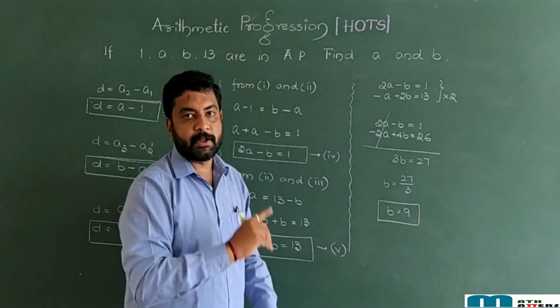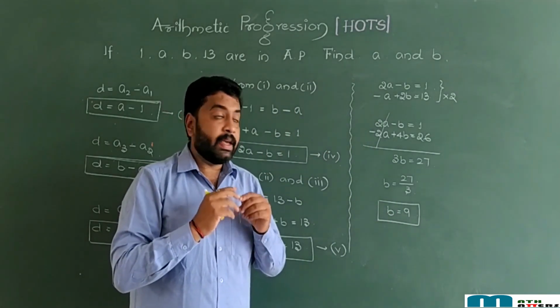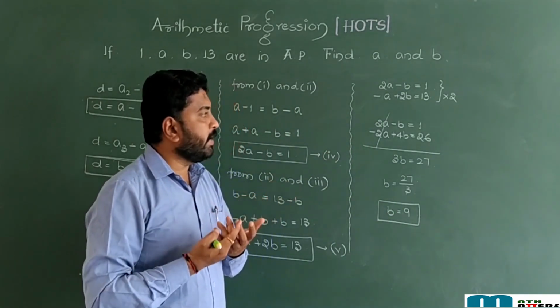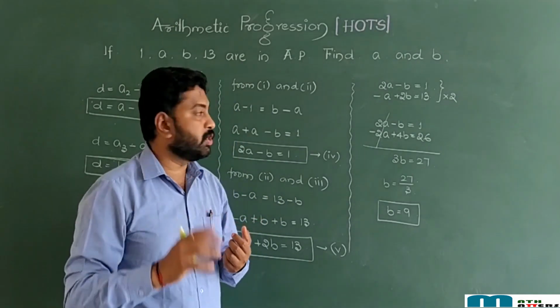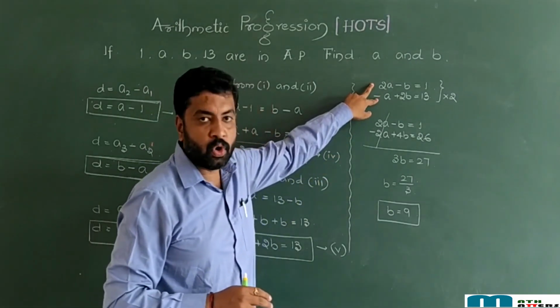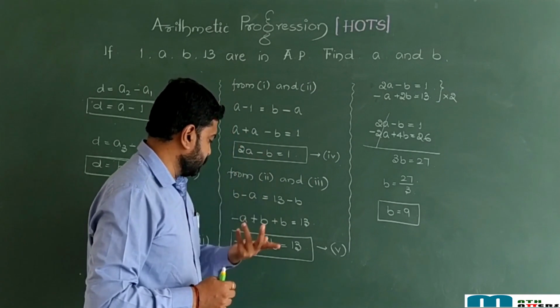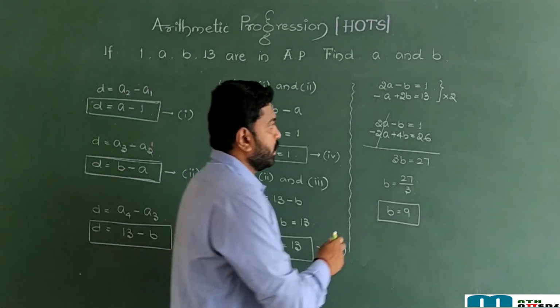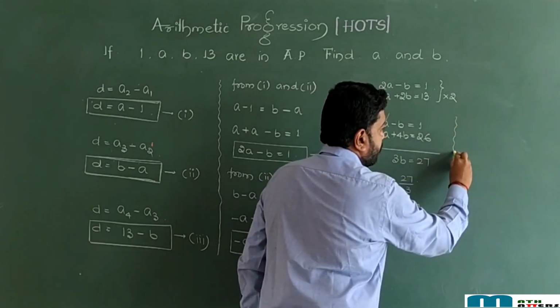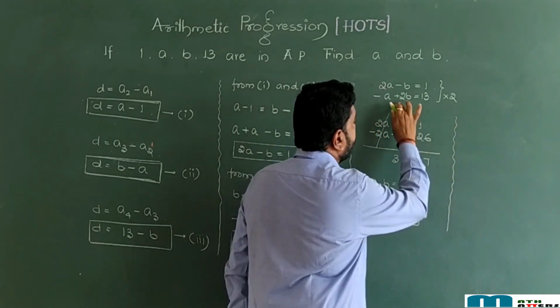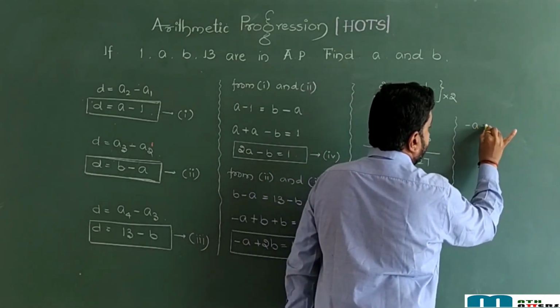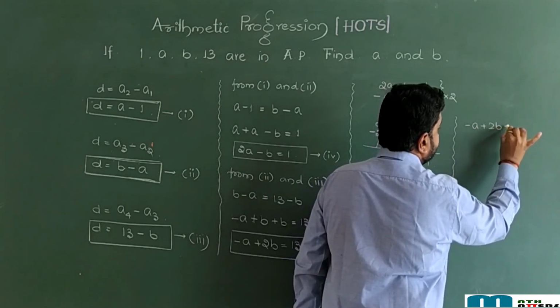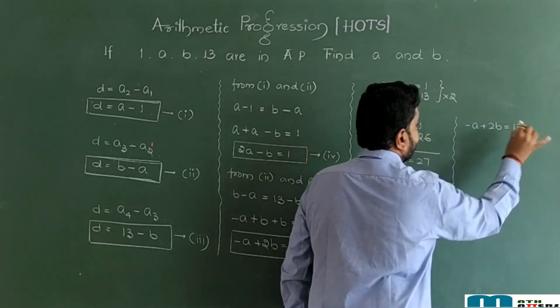I got one answer. I want to find a. To calculate a, consider any equation out of these two. You can go for this or this, all are the same. Now I want to calculate a. So minus a plus 2b is equal to 13.